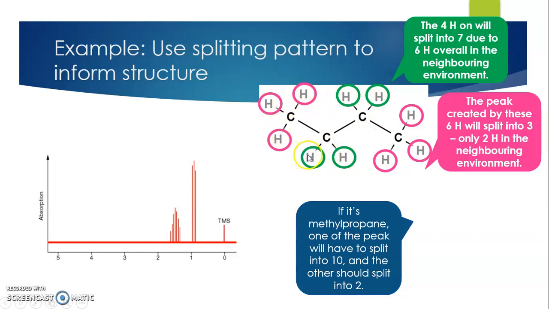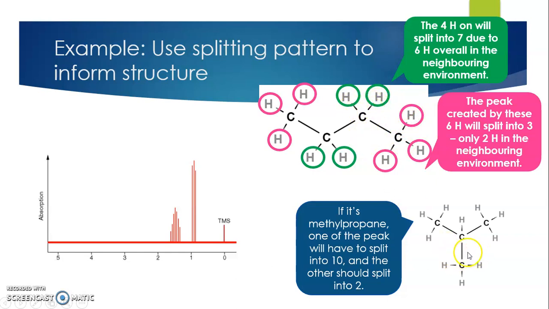So although overall there are 4 hydrogens in the neighboring environment, what's actually going to affect the peak is the 2 here and 2 here. So each time there are only 2 hydrogens in the neighboring environment. These 2 hydrogens will not affect the peak produced by these 3, and vice versa. So the other peak will only split into 3 due to 2 neighboring hydrogens.